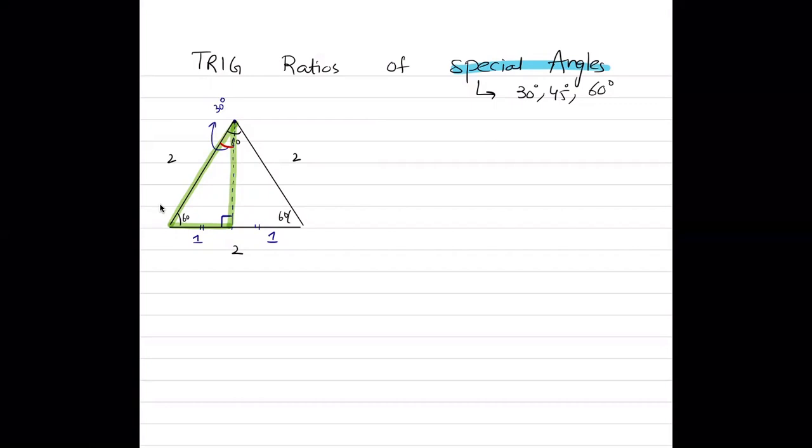Correct. So if I ask you what is sine of 30 degree, cosine of 30 degree, and tan of 30 degree, from the respective right angle triangle that you can see, what is going to be that value? Sine of 30 degree is going to be equal to the ratio of which two sides?